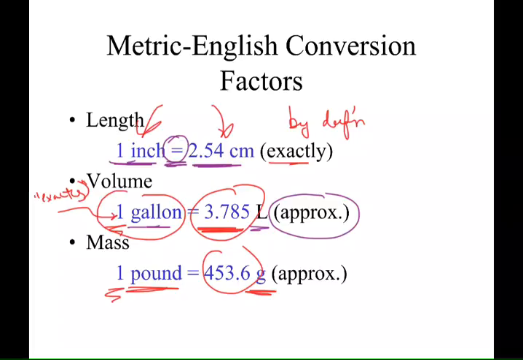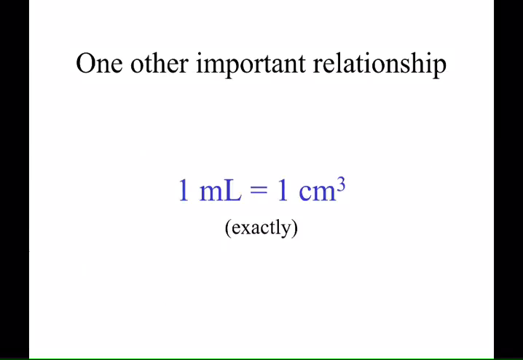And while I'm at it, remember that there's no uncertainty in exact numbers. So there's no uncertainty brought by either one of those numbers. So just kind of keep that in mind. Another relationship we've been talking about too, actually this one has an arrow, you need to memorize this, that with regard to volume, and these are both in the metric system, 1 milliliter is exactly equal to 1 centimeter cubed.